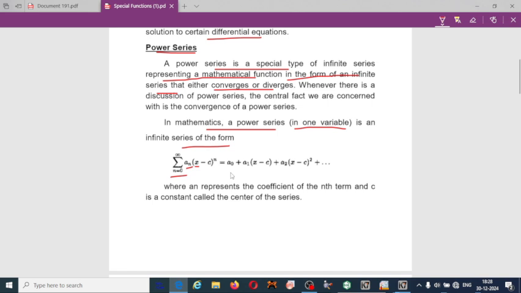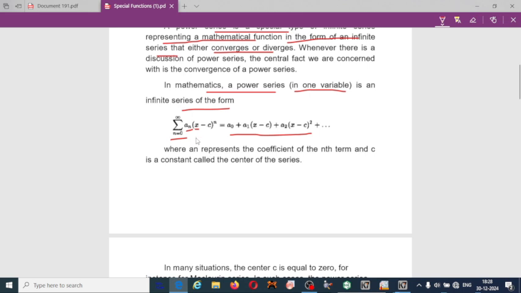If we expand this, we can write a_0 plus a_1 into (x minus c) plus a_2 (x minus c) squared, and so on. Here, a_n is the coefficient of the nth term, and c is the constant called the center of the series. So this is the general formula for power series.